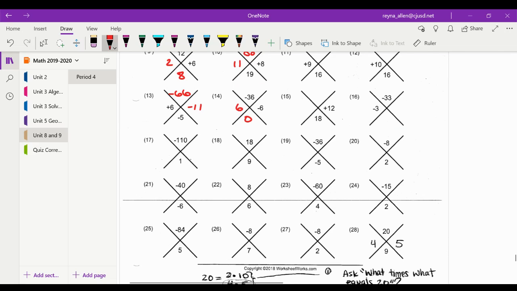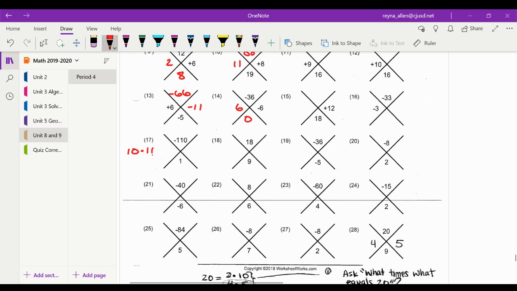Okay, now this is the part where it gets interesting. So two numbers that multiply to give you negative 110, but they also add to give you 1. The way I would start this is I would think of factors. This ends in a 0, so I would say, oh, something times 10. So 10 times, what would that be, 11?